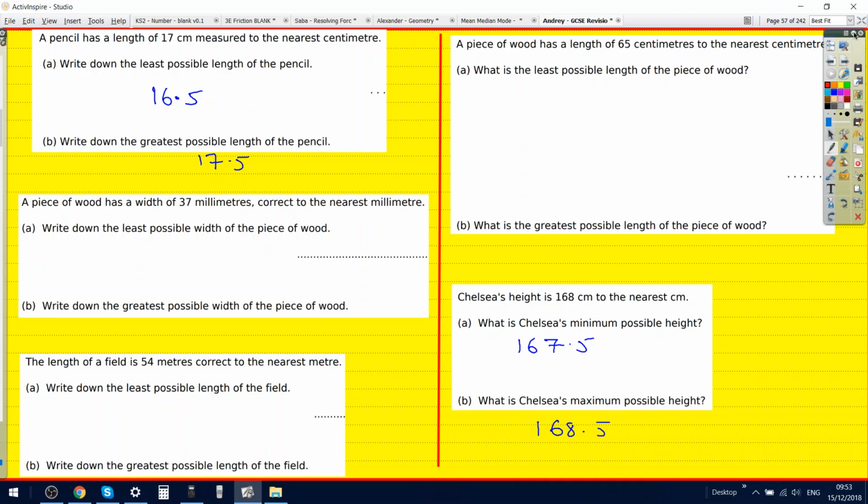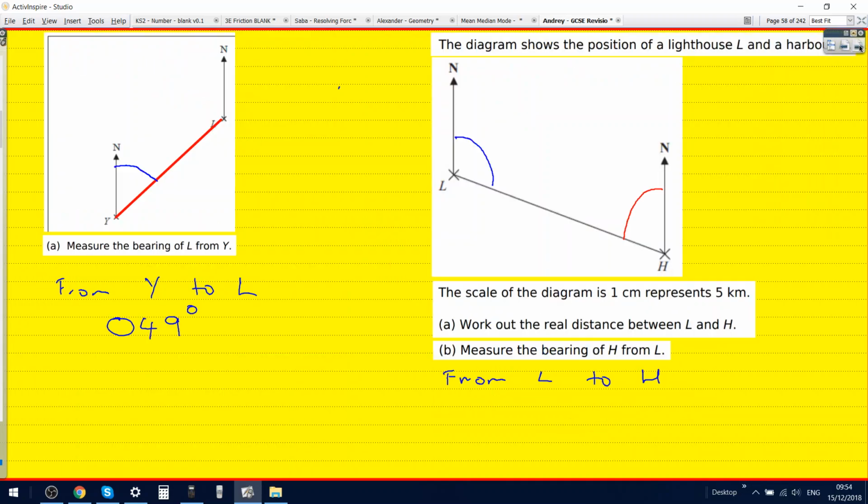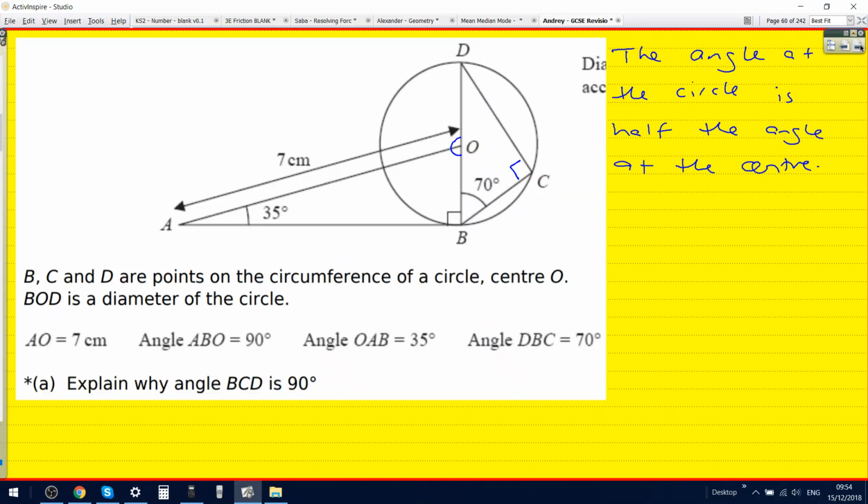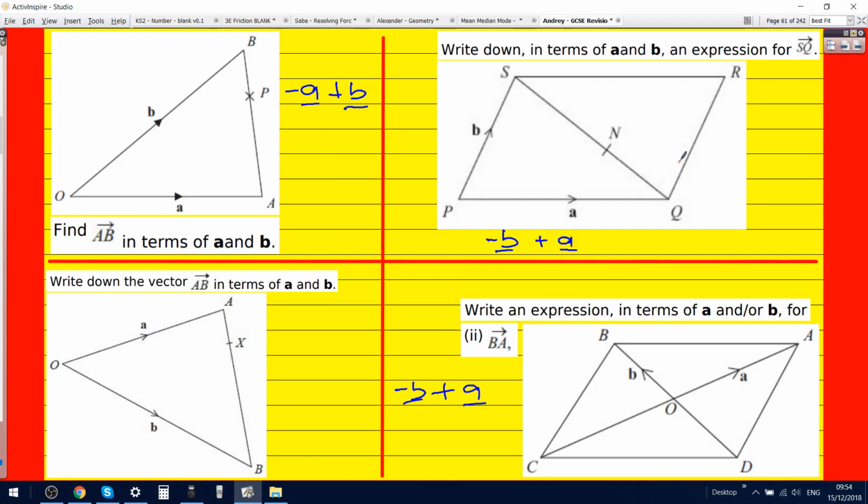Top right. 64.5. And B. 65.5. Okay. Yeah. Bottom left.